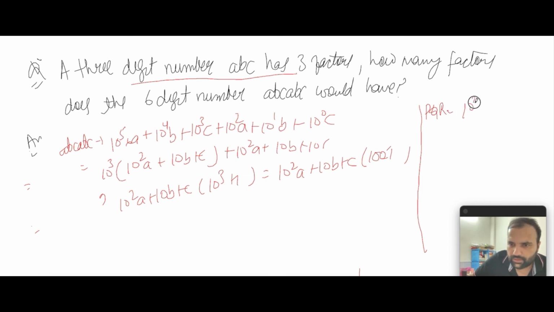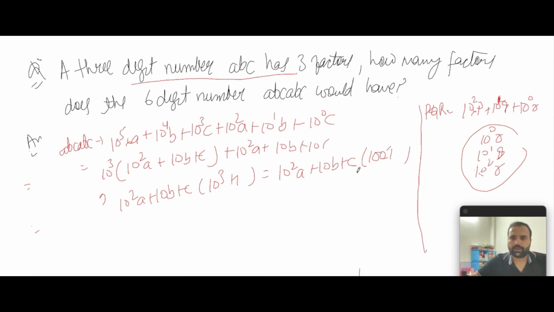It means 10 square into P plus 10 Q plus R. That's what we have. 3 factors means 10 to the power 0 R, 10 to the power 1 Q, and 10 to the power 2 P. These are 3 factors, isn't it? If you add them again, it will be a multiple of this, but that's not our concern right now. We should not mind that. So this is what we have.